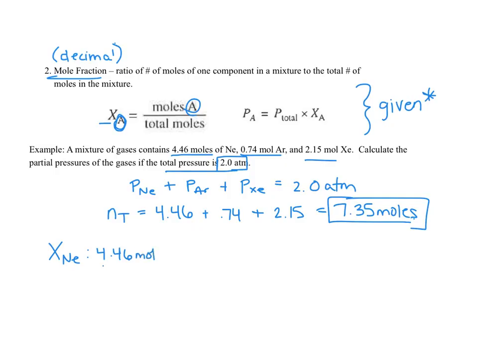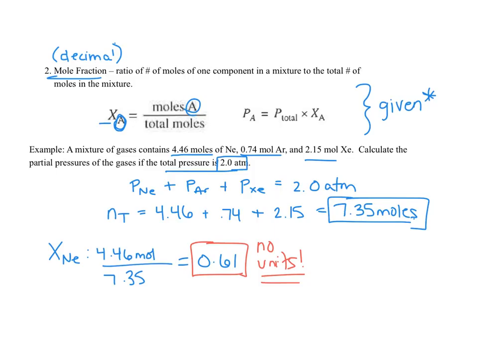And I'm just going to divide it by my total number of moles, which is 7.35. That gives me a number of 0.61. That's my answer for mole fraction. Mole fraction is one of the only numbers where there are no units, okay, because it's basically a ratio of how many moles of one thing you have compared to the whole mixture.